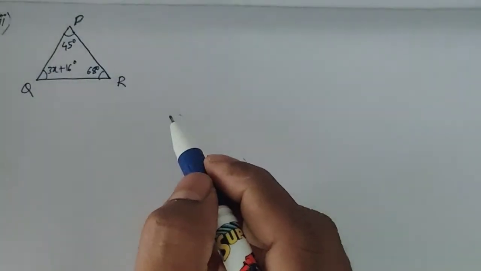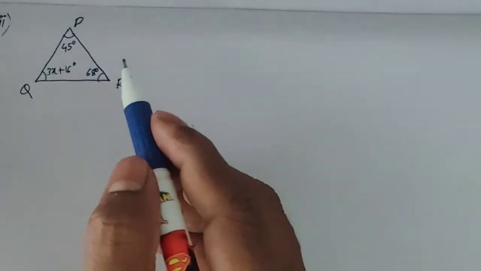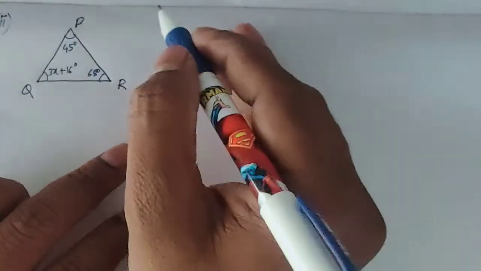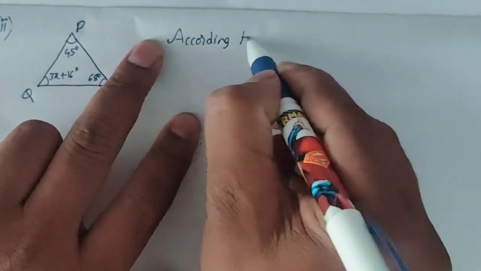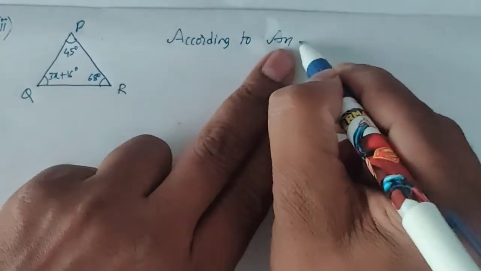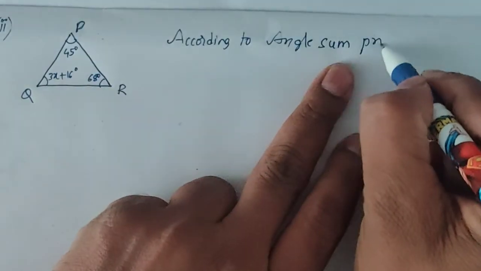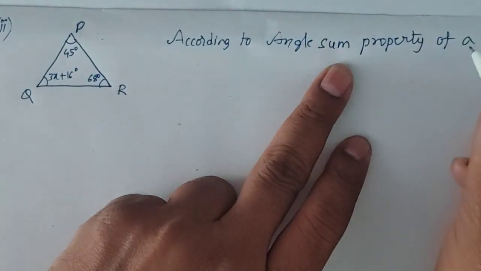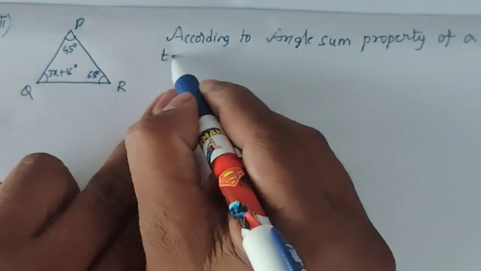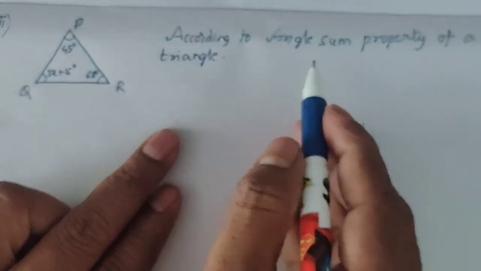Okay, in this problem we have to find x again. We have to use the angle sum property of a triangle. What is the angle sum property here?